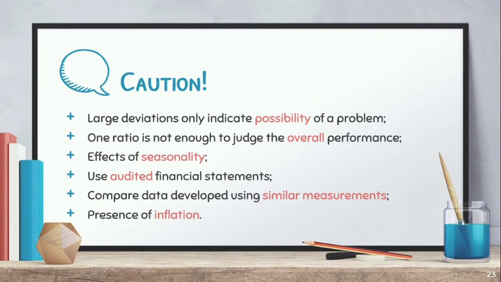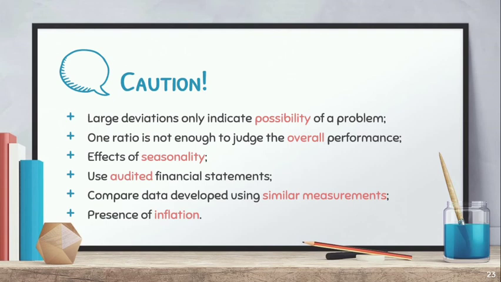Third, compare ratios calculated using financial statements dated at the same point in time during the year, or else effects of seasonality may produce erroneous conclusions and decisions. So, kani, if si company A ang iyang financial statements is calendar year, so meaning January to December ang iyang cycle.